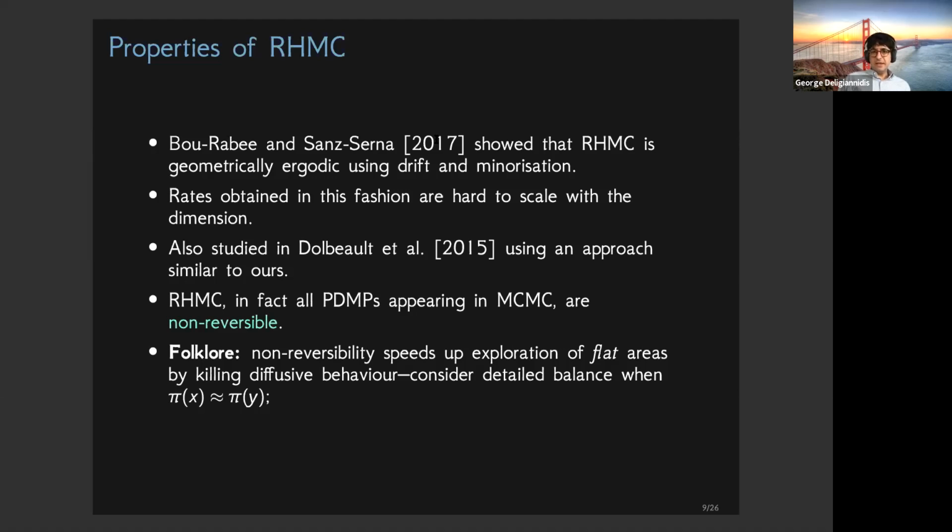I think in these PDMPs, it's quite hard. I think Pierre Monmarché has some coupling that may be able to do this efficiently. But in general, it's hard to keep a sharp dependence on the dimension. I guess a notable exception is for some types of Gibbs samplers, let's say on hierarchical distributions in high dimensions.